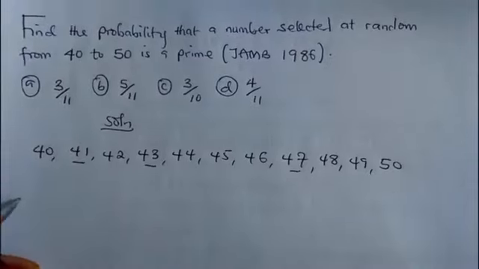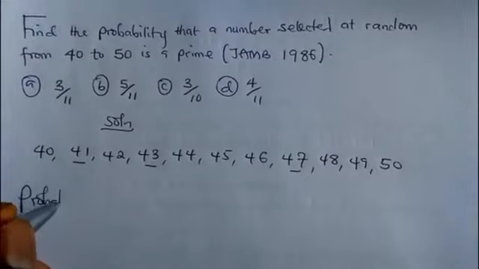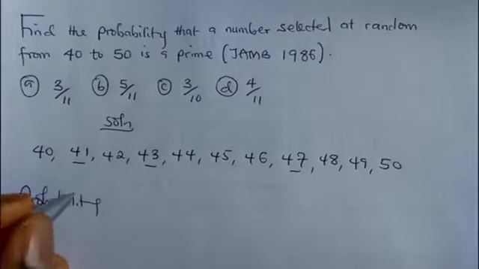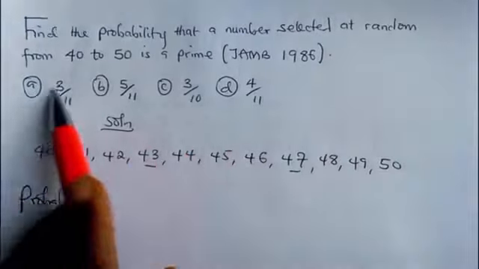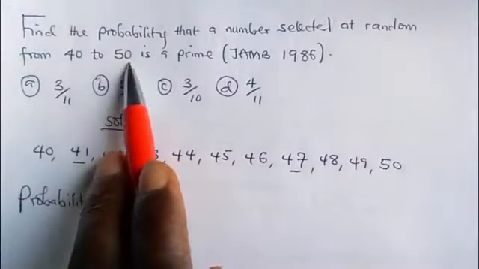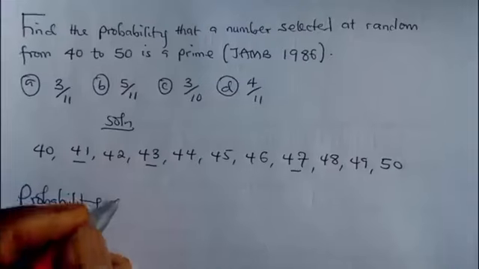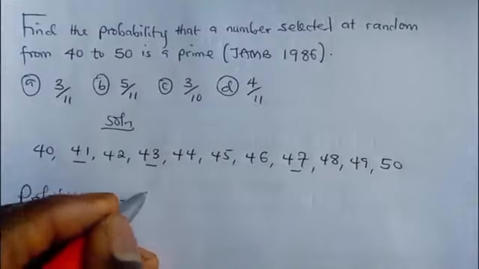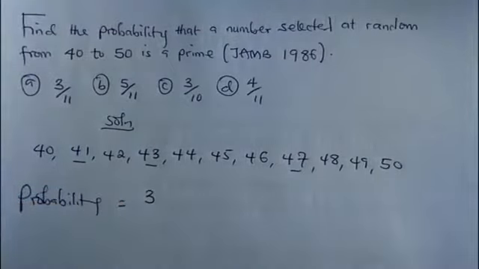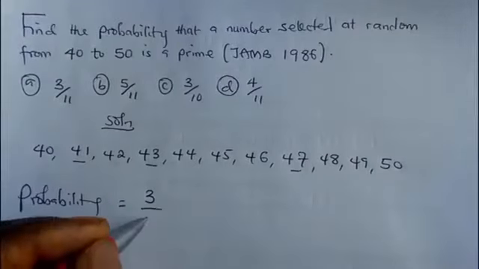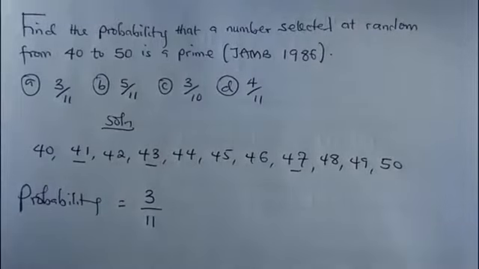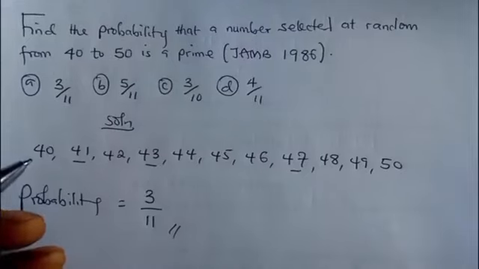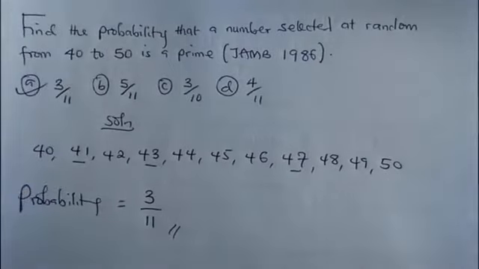So the probability that a number selected from 40 to 50 at random will be a prime is going to be equal to the number of favorable outcomes, which is 3 in this case because only 3 numbers are prime. Then we'll divide it by the total number that we have here, which is 11, giving us 3/11 as the correct option, corresponding with option A.